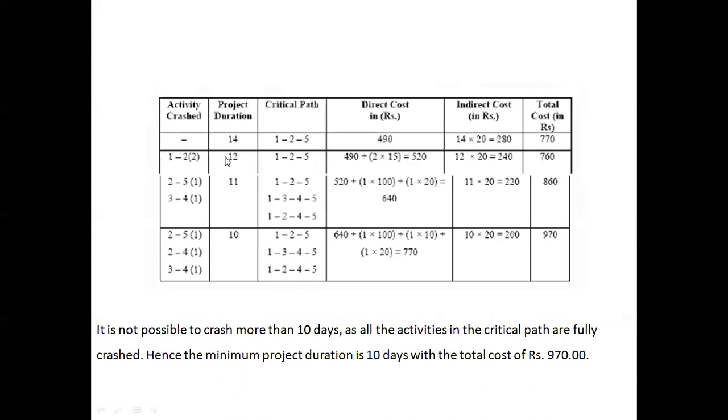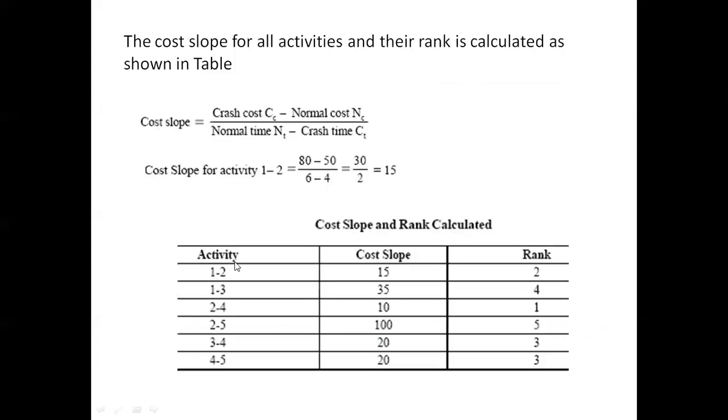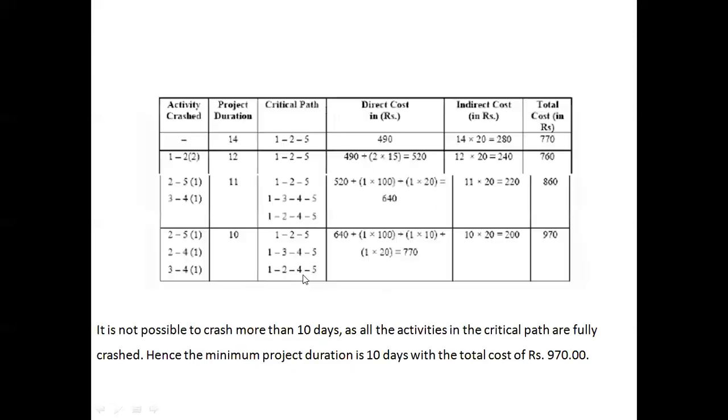Among the critical activities 1 to 2 and 2 to 5, the 1 to 2 activity has the least cost slope. 1 to 2 has the rank number 2, and 2 to 5 has the rank number 5, so rank number 2 is given the first preference. Then we will crash activity 1 to 2 by 2 days.